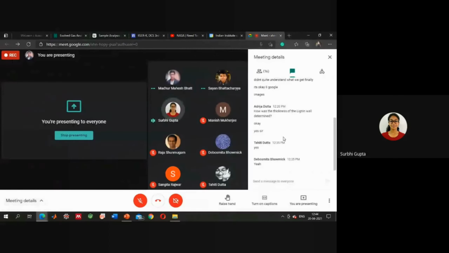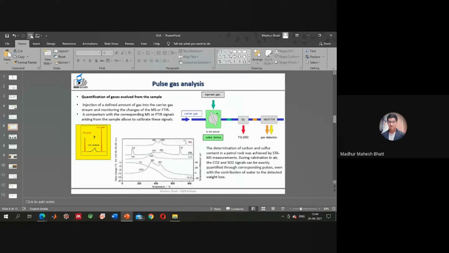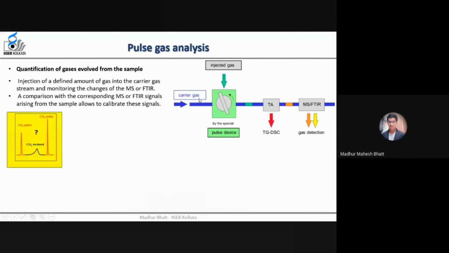I have a question regarding the carrier gas and injected gas. What exactly is carrier gas, and why do we have it? For the pulse, I think the pulse gas analysis. I will show you it. So in pulse here we see that this comes from the sample that is heated up, and injected gas, that same gas that gets evolved, we put that known amount of gas, like some 10 parts of that gas is put into that sample.